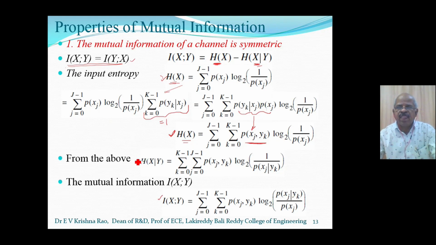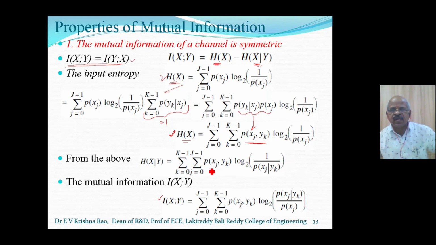In the same way, you also take the conditional entropy H(x at y). As per the definition, we take the probability p(xj at yk), and multiply again by the sum of all the probabilities p(yk).